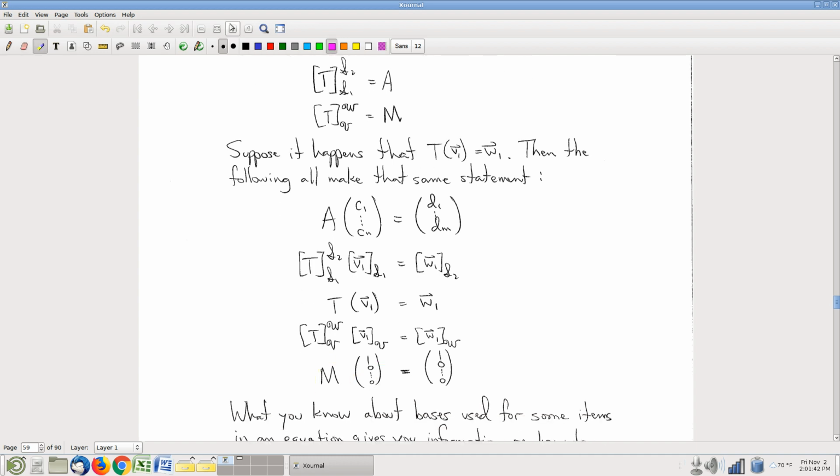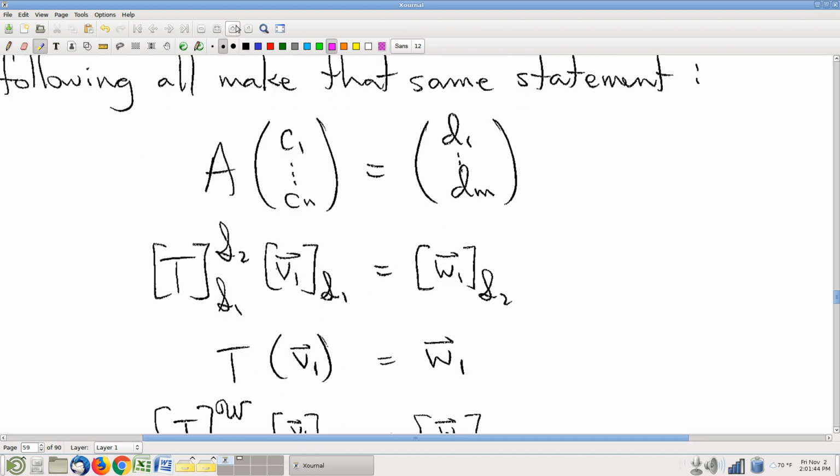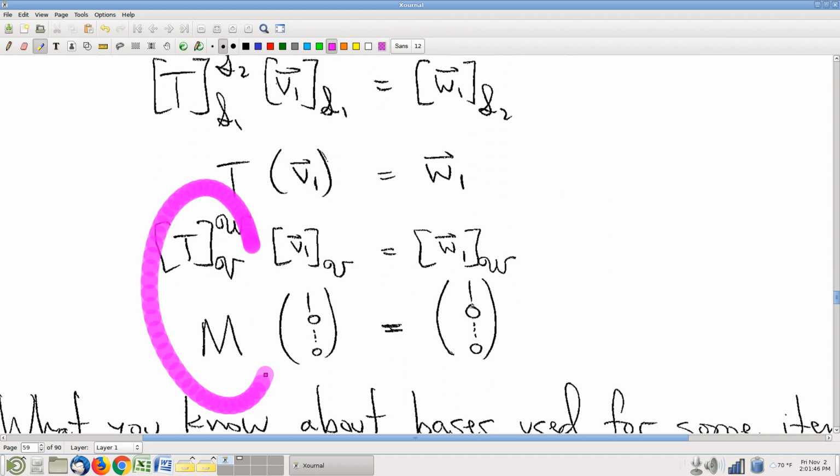So let me come back down here. Let me zoom back in. If M is representing T using script V as the basis for the inputs, then these numbers here have to represent something with respect to the script V basis. This is what it means for a matrix to represent a transformation with a certain choice of basis for the input.